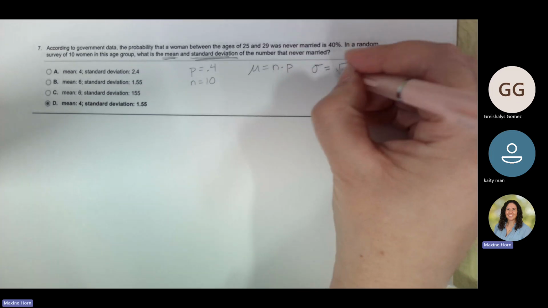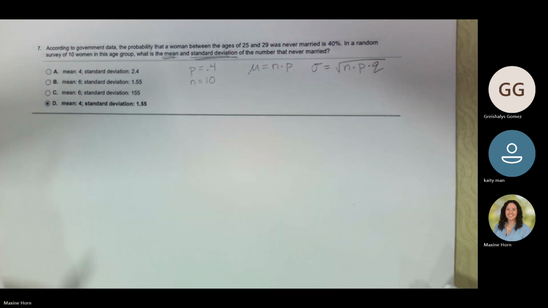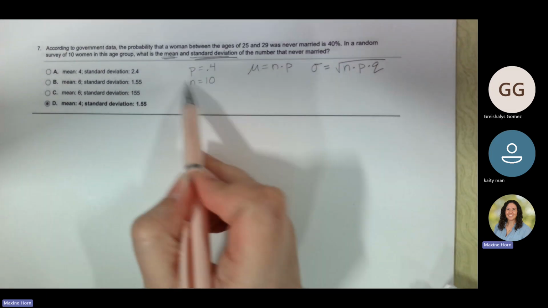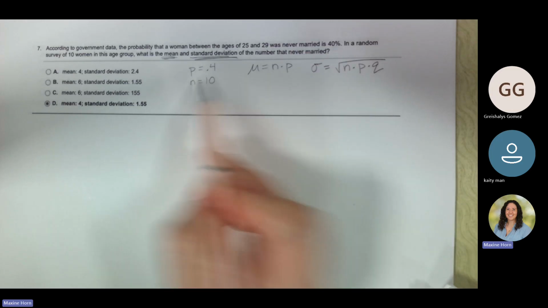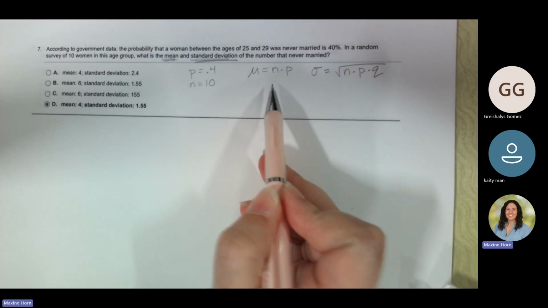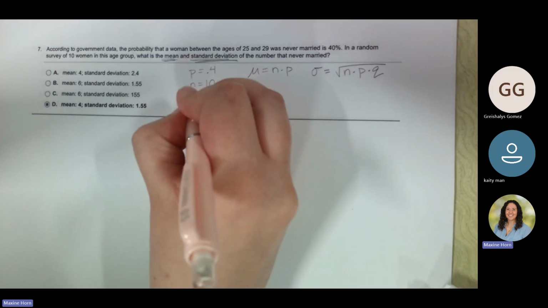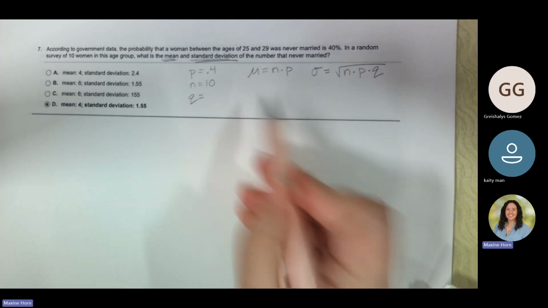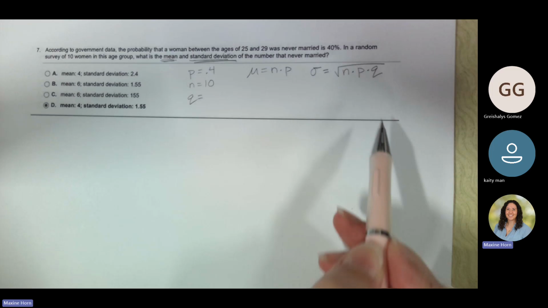It's the square root of N times P times Q. Now, if you want, you can just go ahead and plug these in to find your mean, because we have everything we need to find the mean right now. Or you can find everything you need first, so we could label everything, find everything, and then go through and plug it in. I like to make sure I have all of my elements before I get started.